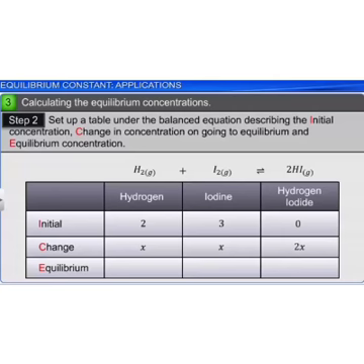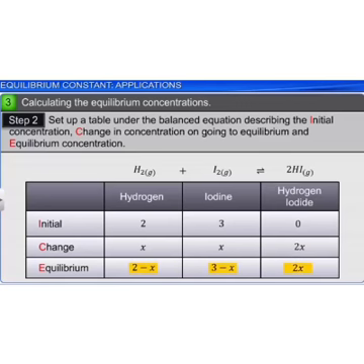Let X moles of hydrogen and X moles of iodine combine to give 2X moles of hydrogen iodide, as shown in the balanced equation. At equilibrium, the concentrations of hydrogen, iodine and hydrogen iodide will be 2 minus x, 3 minus x, and 2x, respectively.